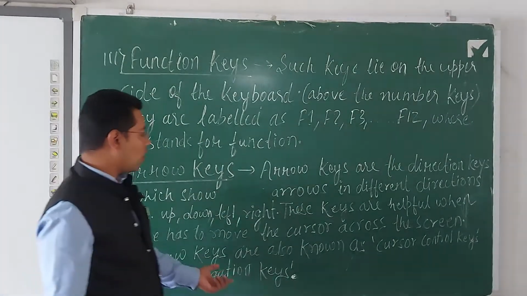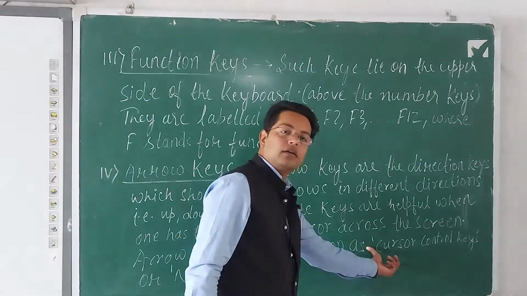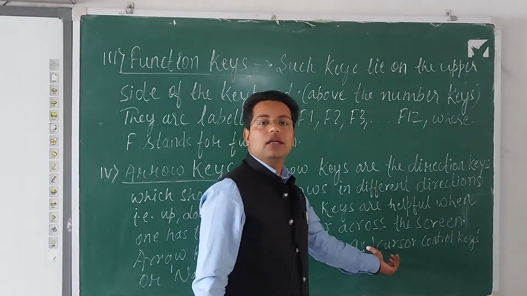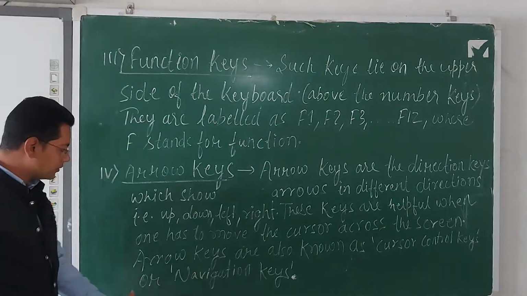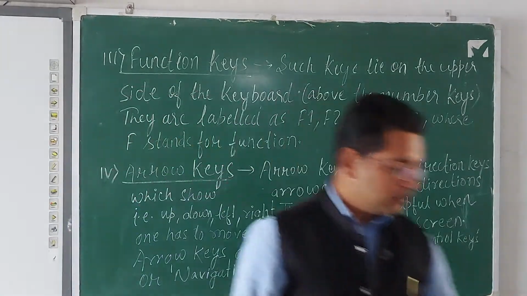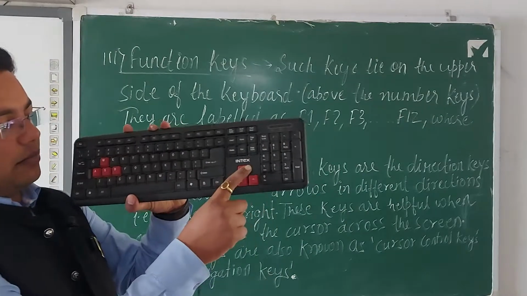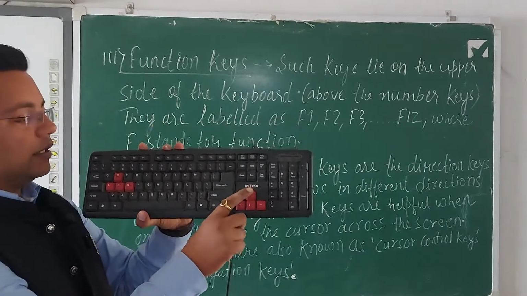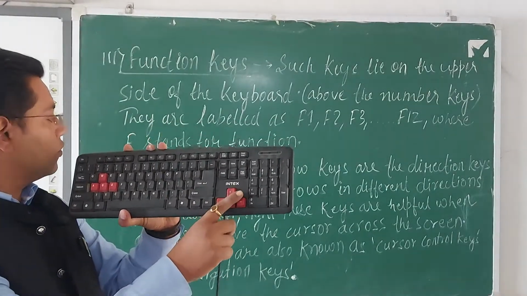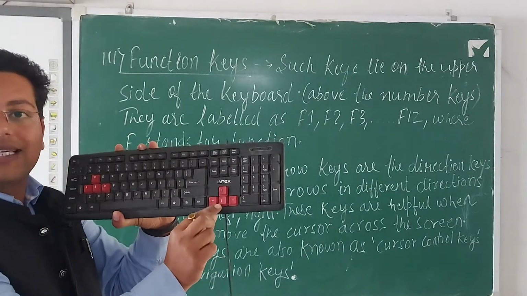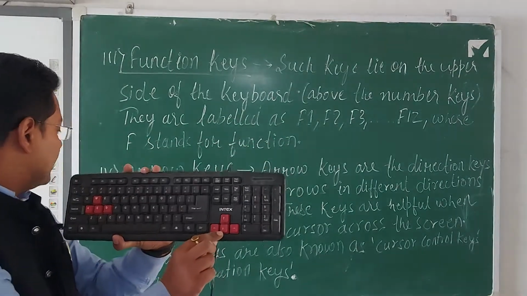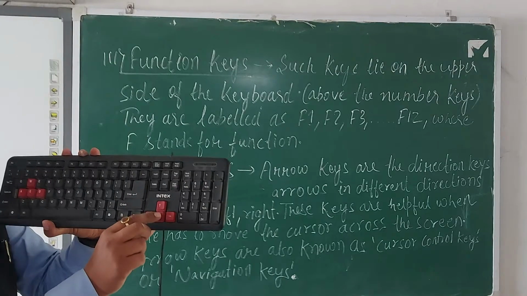Arrow keys are also known as cursor control keys, or it is also known as navigation keys. See, I am talking about these arrow keys. These. The same, okay. These arrow keys are also known as cursor control keys, that I have written over there. And the next, it is also known as navigation keys.